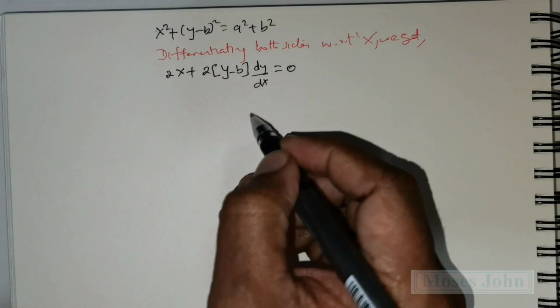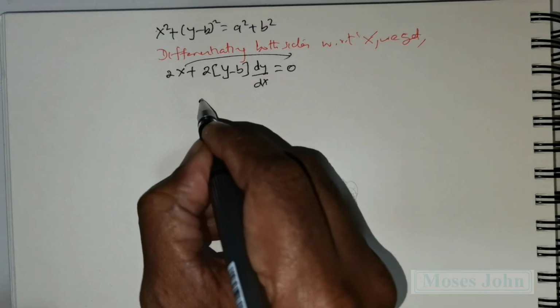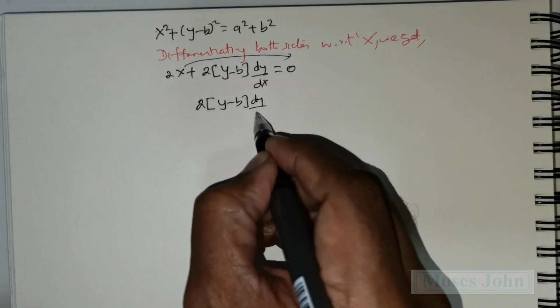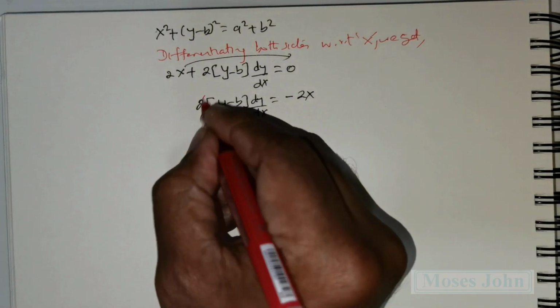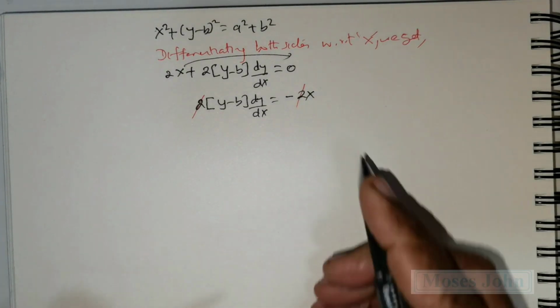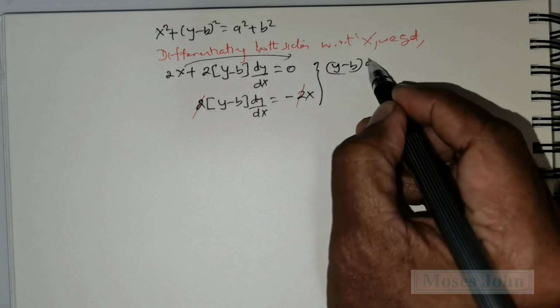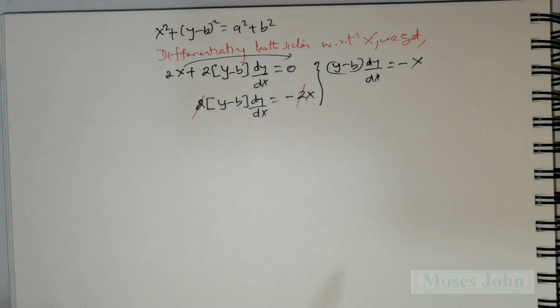Now I'm going to move 2x to the other side. So that would give me 2 times (y - b) times dy over dx is equal to -2x. I can cancel the 2 out on both sides. So that is (y - b) times dy over dx is equal to -x.